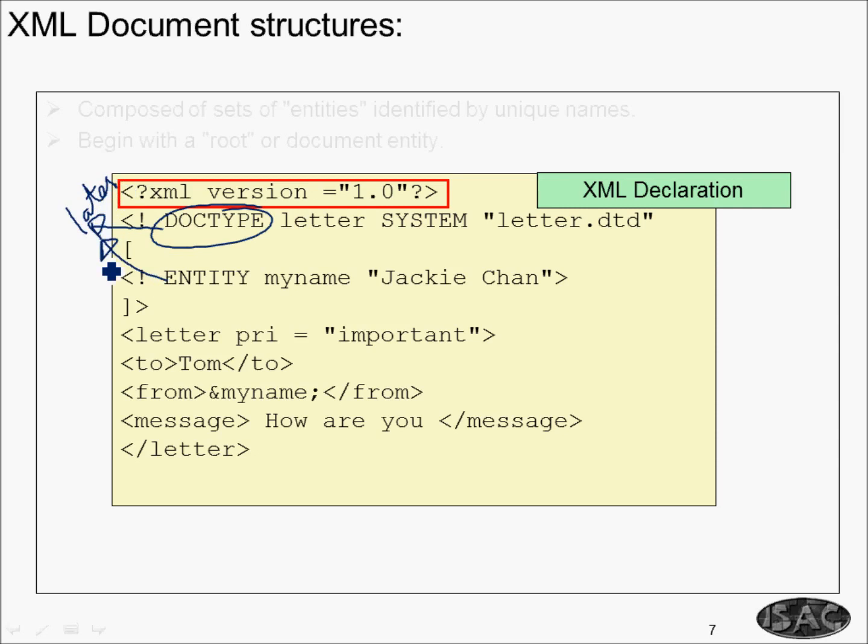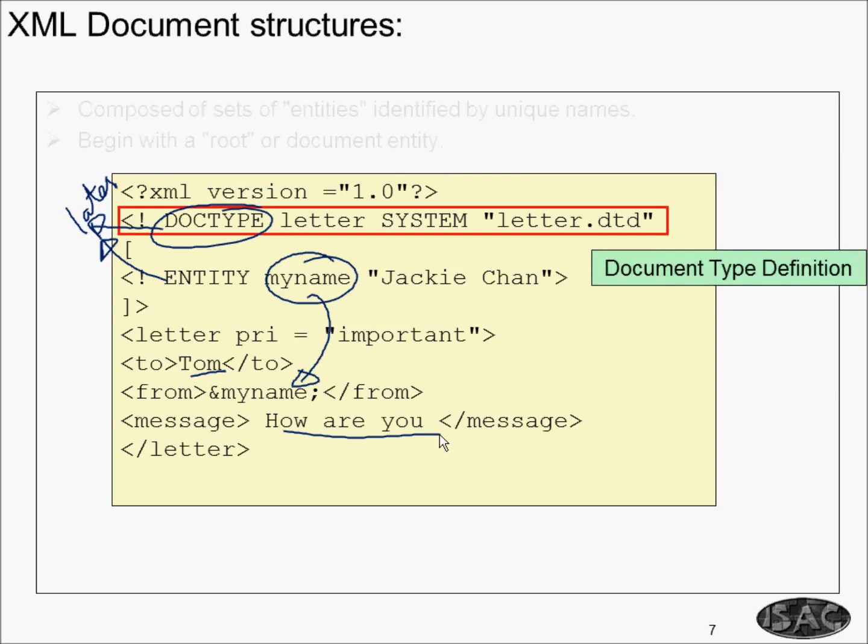For the time being, just understand an entity is like a variable, like my name, which you can use somewhere inside. In these elements, in the first I'm using Tom as data directly. Here it is a variable name. So using the variable name, I am putting the data between the from tags. That is the way you will write an XML document.